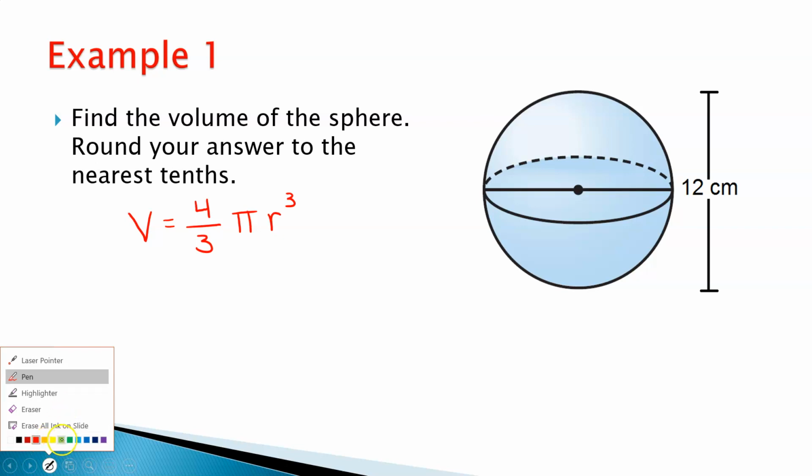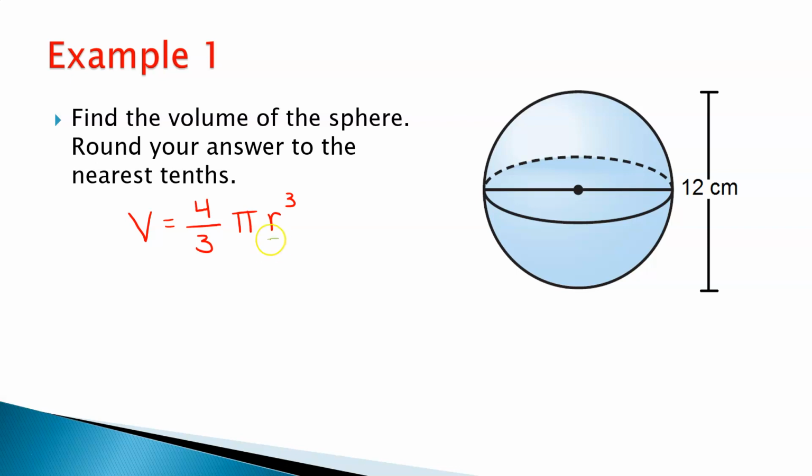So I wrote down the formula, right? So let's fill it in. And the nice thing is all we really need to fill in the formula before we can start working it out is r, which is our radius. So I'm going to write volume is equal to 4 over 3 pi, and then let's talk about radius. Well, what is the radius? They haven't given it to me over here.